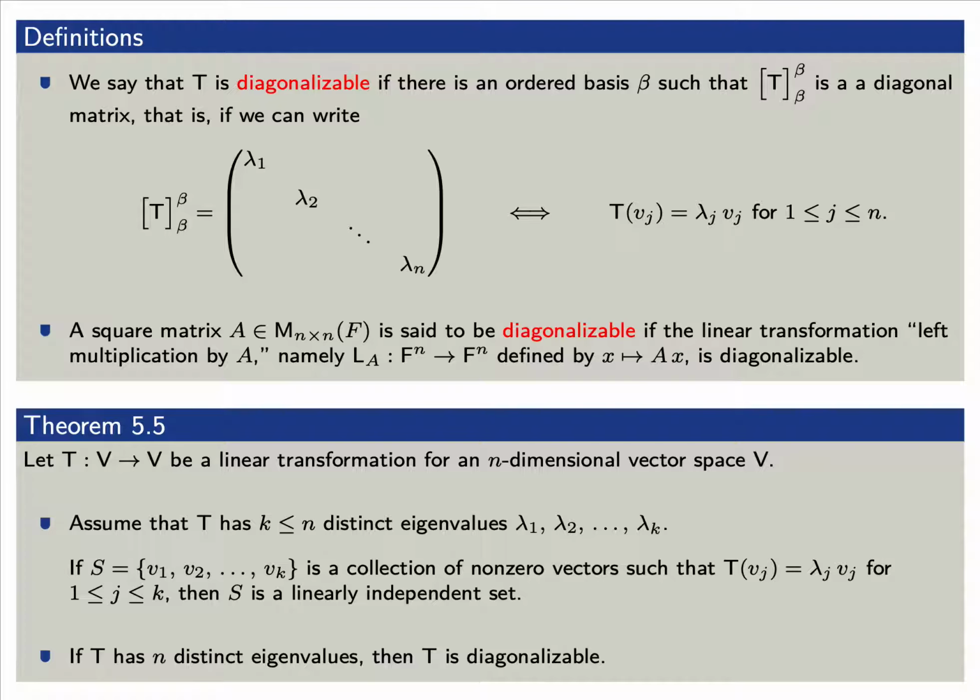If S is a set consisting of k non-zero vectors, v1, v2 through v sub k, such that T applied to each v sub j is lambda j times v sub j, then S is a linearly independent set. In particular, if k equals n, then T will have n distinct eigenvalues. In this case, T is diagonalizable.